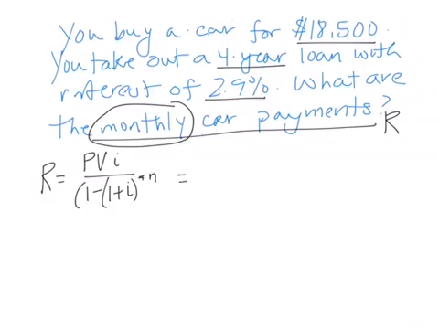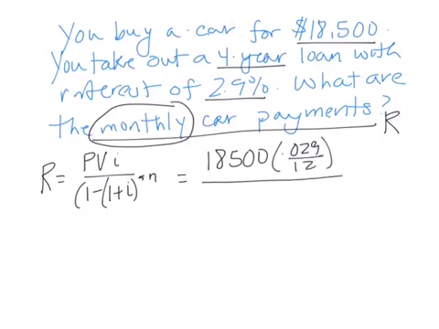So the present value is 18,500. The interest rate is 0.129 divided by 12. And then we're going to divide that by 1 minus 1 plus 0.129 over 12 raised to the negative 48, because that is 48 months.